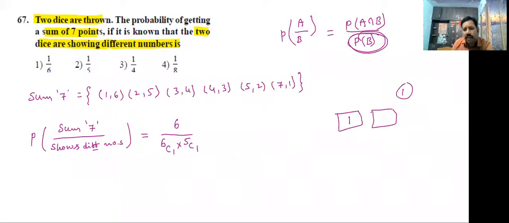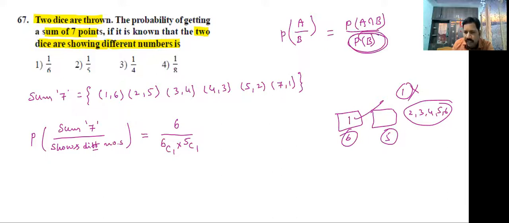Except 1 means the chances are 2, 3, 4, 5, 6. Yes or no? How many chances here? Only 5. In the first place there are 6 chances; I selected 1, and in the second case we can't select 1. That's why we get 5 cases. What is the answer, students? 1 by 5. Second option is correct. Students, here I wrote 7 comma 1; that is a mistake. This is 6 comma 1.